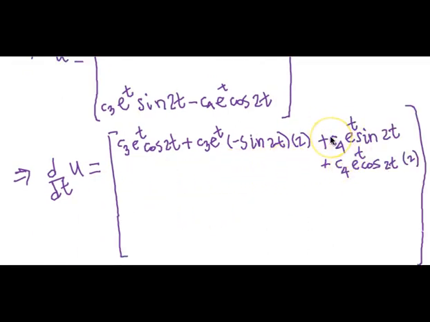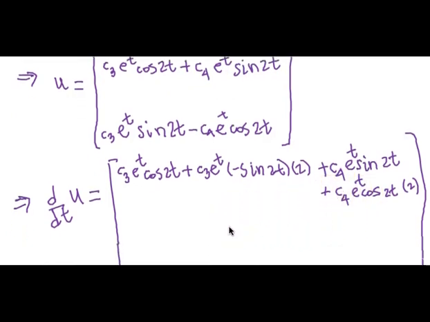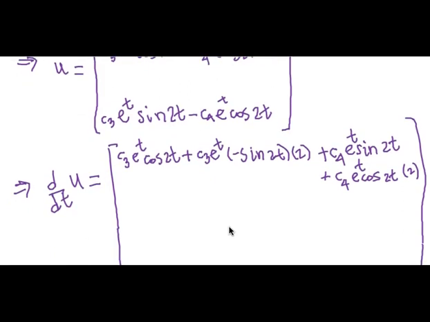And then we differentiate the second term, the second entry, applying product rule and chain rule. So now we take the derivative of the second entry. I'm going to do that with a slightly different color. And so that's going to look like C3 e^t sine.